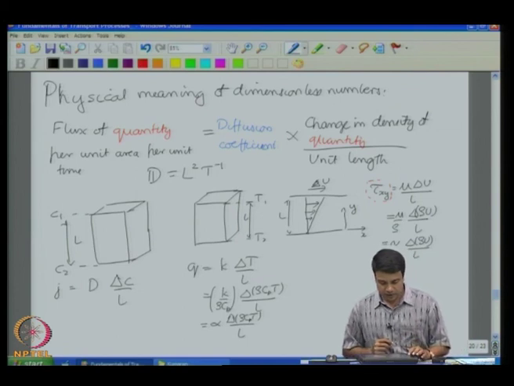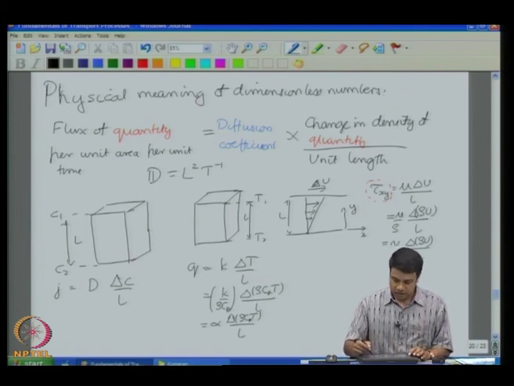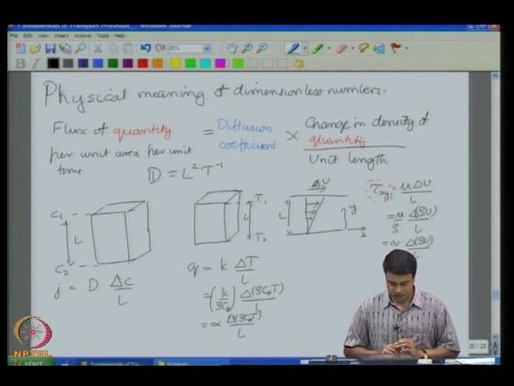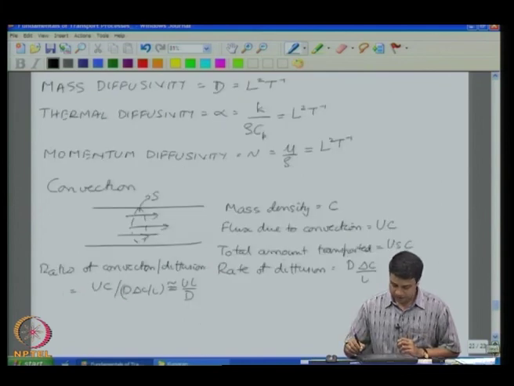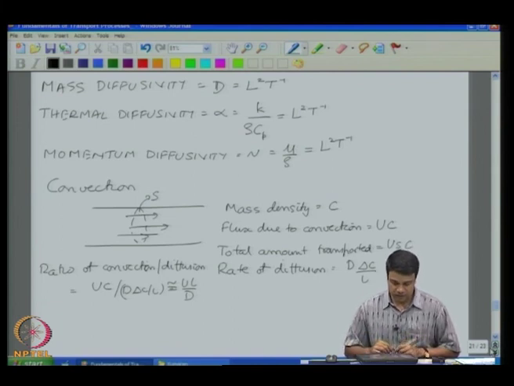I have per length square per time on the left hand side, and I have 1 over length cubed for the density and 1 over length. So, I will get length square times T inverse. And we calculated the diffusion coefficients, or diffusivities, for mass, heat, and momentum.